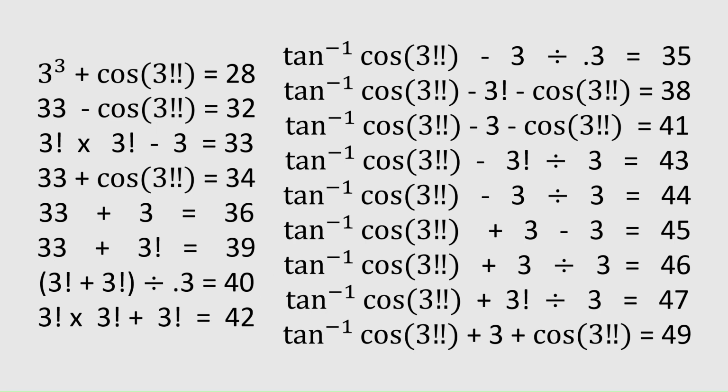In fact, we have solutions for all of these numbers: 28, 32, 33, 34, 36, 39, 40, and 42 being way simpler than 35, 38, 41, 43, 44, 45, 46, 47, and 49. However, we still can't make 37, or 22.